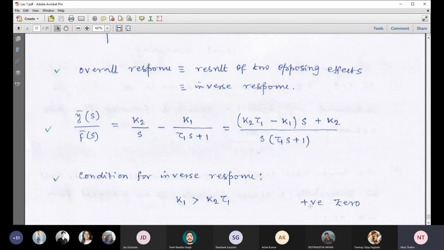Now you see, this is the condition for inverse response. The system must have a positive zero. If a system has a positive zero, then we will have inverse response. Now, how can we get a positive zero? If K1 is greater than K2 tau 1.